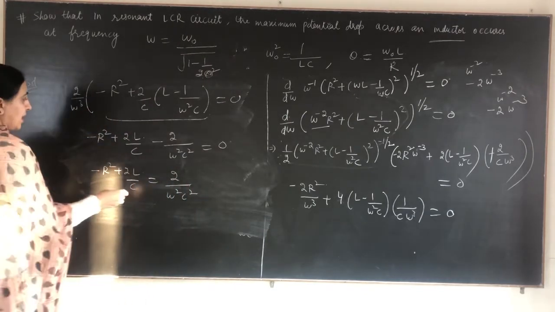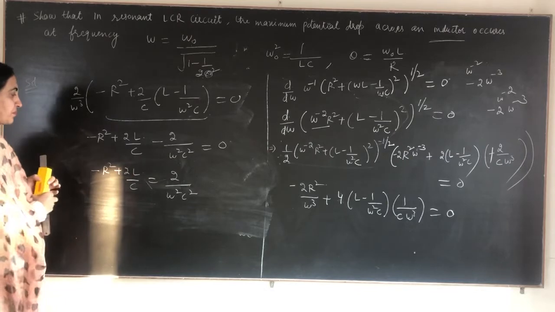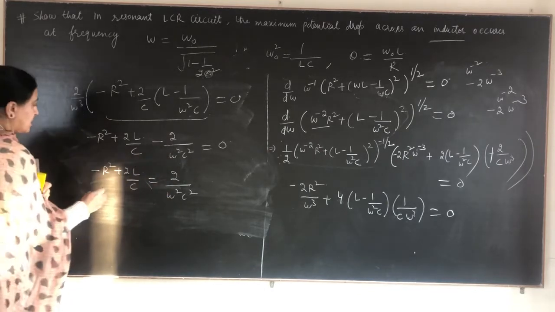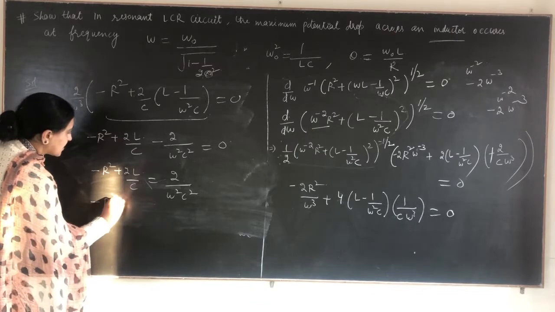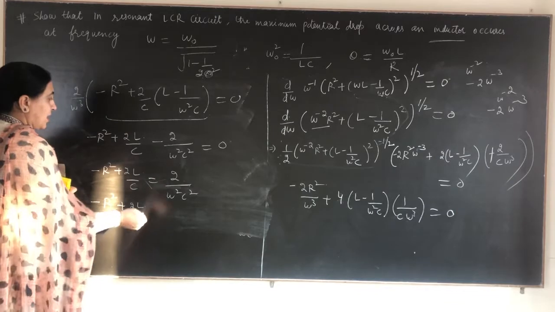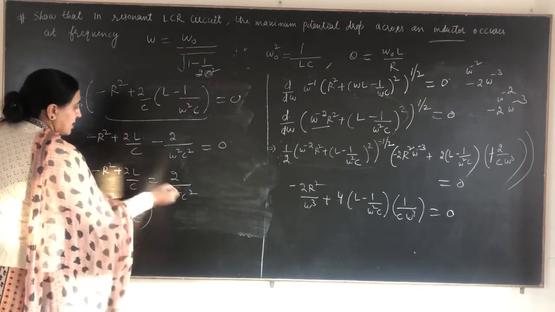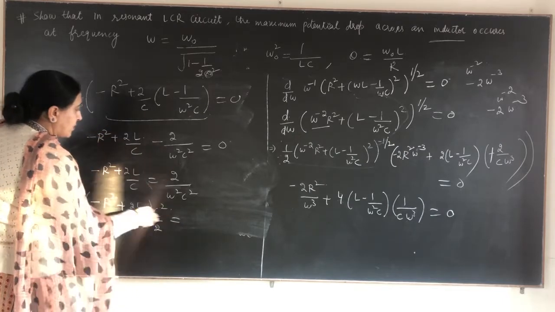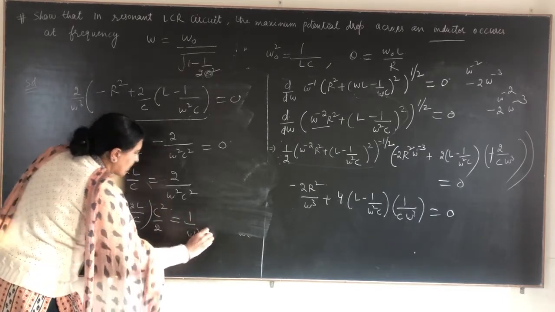Okay, cross multiply, or you can say taking 2 over C square, this will be minus r square plus 2L over C multiplied by C square by 2, that is equal to 1 over omega square.